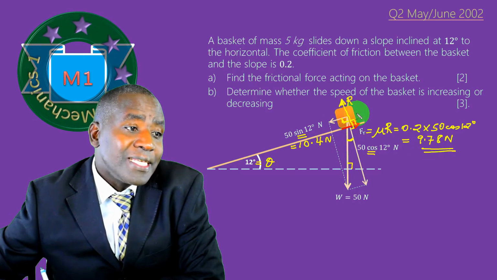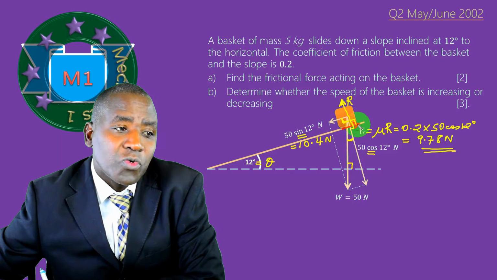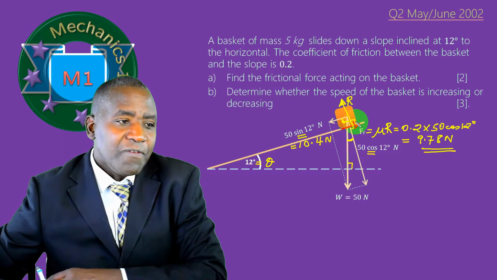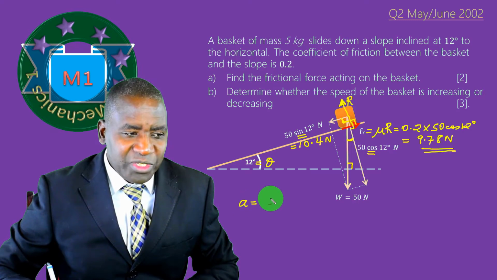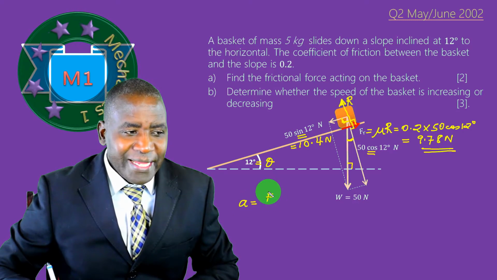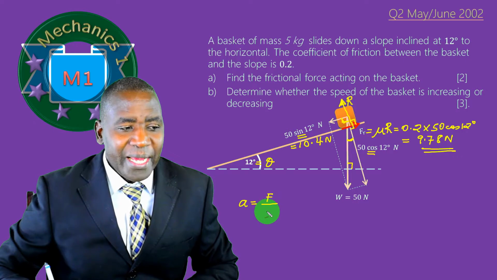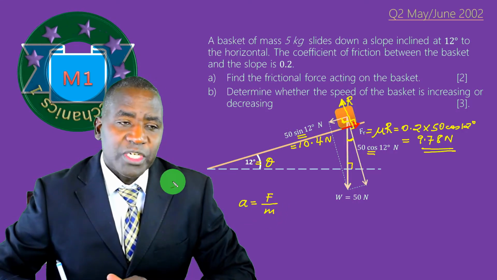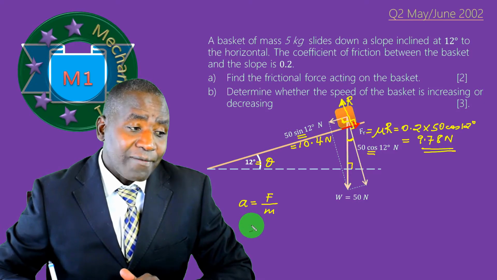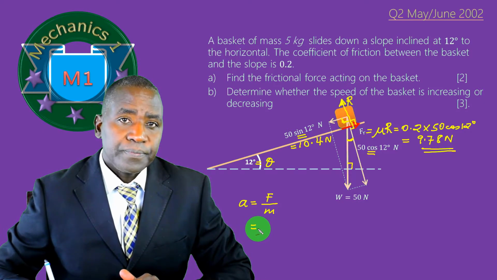So you can obviously see that there is a resultant force on this object. If there is a resultant force on an object, if you divide that resultant force by the mass of the object, you will find the acceleration of the object. So this object will have an acceleration.